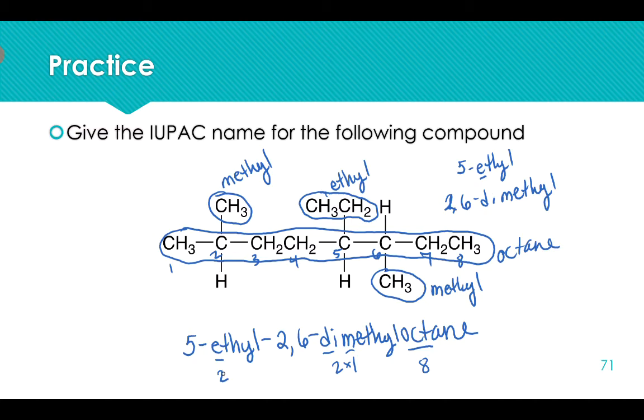And so I have a total of 2 plus 2 plus 8. And so that is 12 carbons total. Where that line came from, so we can go 1, 2, 3, 4, 5, 6, 7, 8, 9, 10, 11, 12 and verify.